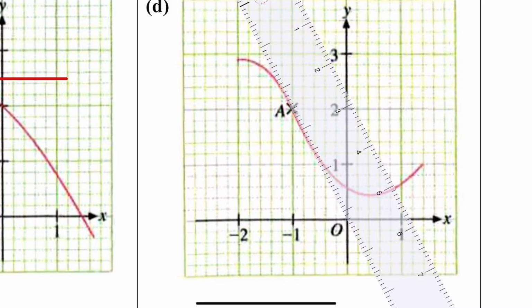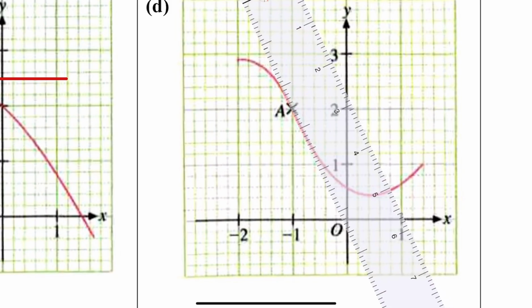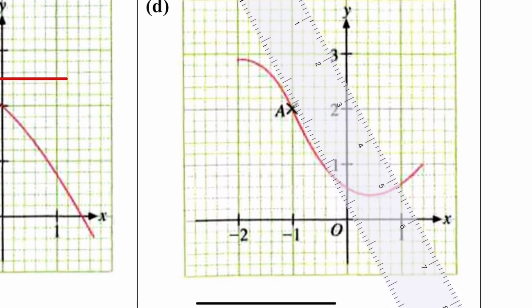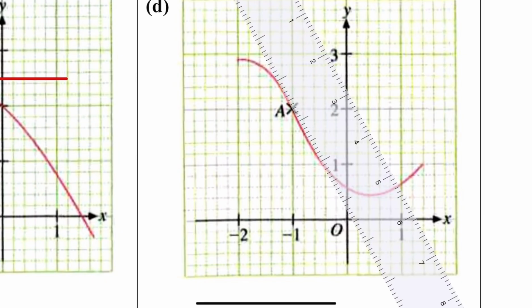Okay, it may not be easy, so you have to measure with your ruler carefully, then make sure you can get this accurately. Okay, so over here, my tangent, I think it looks something like this, if I'm not wrong.